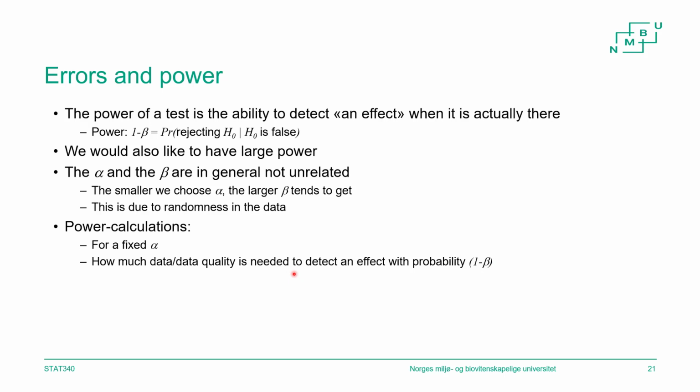And it is possible to make some calculations, not without assumptions, but it's still of some use, right? Because it indicates how much data I need to collect before I can expect this to happen. And if that turns out to be impossible, then you should perhaps think in a different direction, right? So making these power calculations can be useful prior to starting an experiment, for instance.